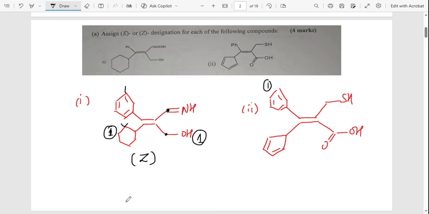And then over the other side, first you are going to compare: this is a carbon, this is a carbon, so none wins. Then go and look at the next atoms they're attached to. This is a sulfur, and the other one is an oxygen, right? So I've got a sulfur and an oxygen.